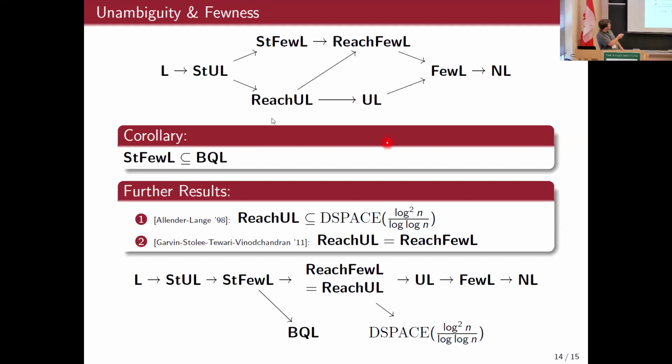So then this diagram contracts since reach few and reach UL are equal. And we can put VQL on this branch and this DSPACE log squared n over log log n bound on this branch.